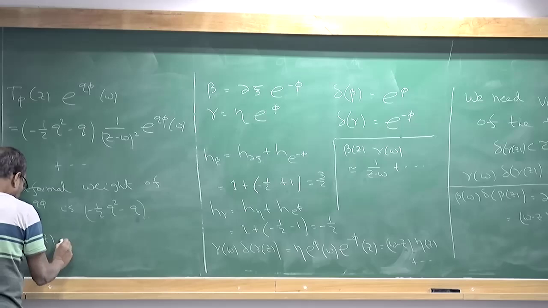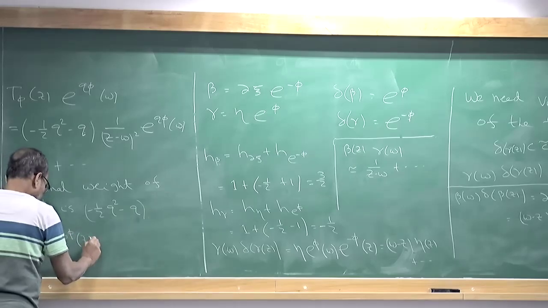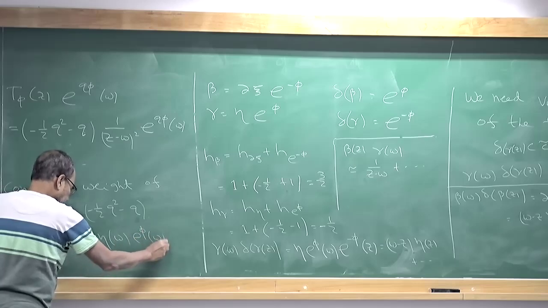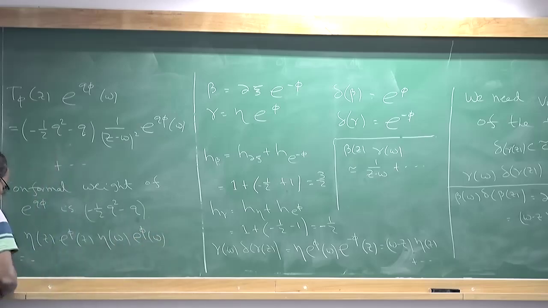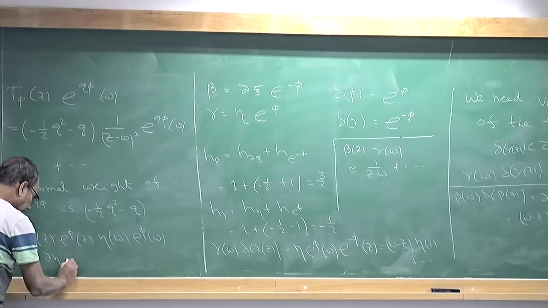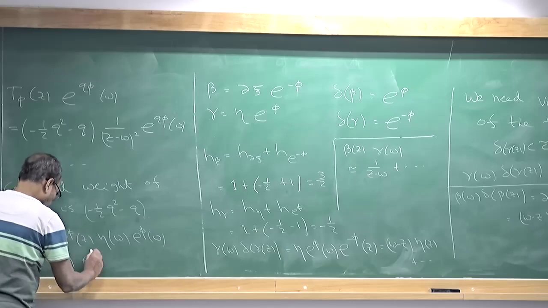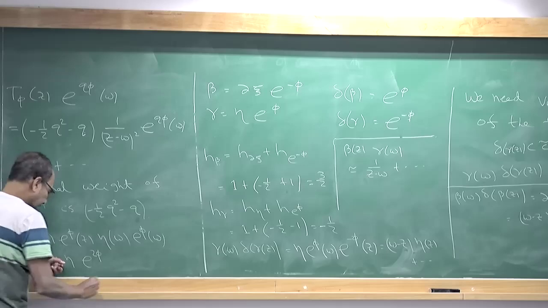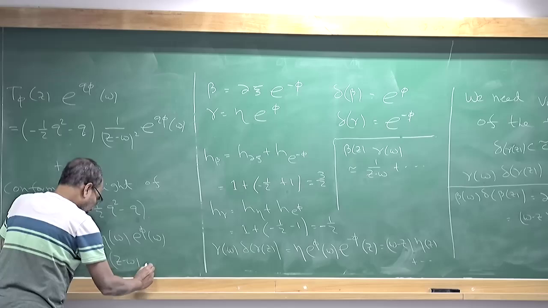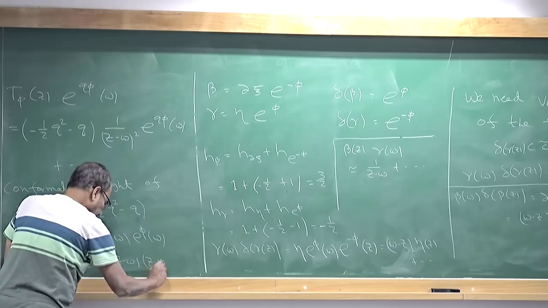Yeah, eta of z e to the phi of z, eta of w e to the phi of w. So this minus we have to take to that side, and then you get del eta times eta and e to the 2 phi. This will have a z minus w, and the second e to the phi will have a z minus w inverse.